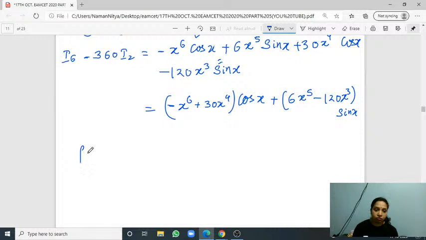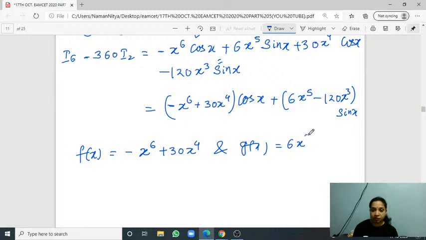So f of x is nothing but the coefficient of cos x, that is minus x power 6 plus 30 x power 4, and g of x is nothing but 6x power 5 minus 120 x cube.